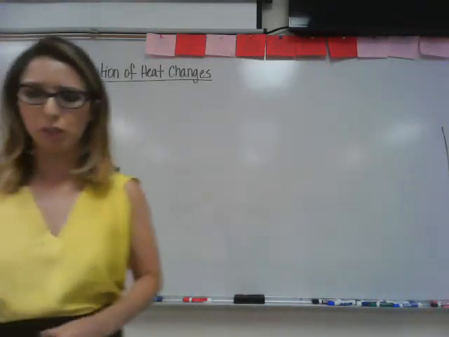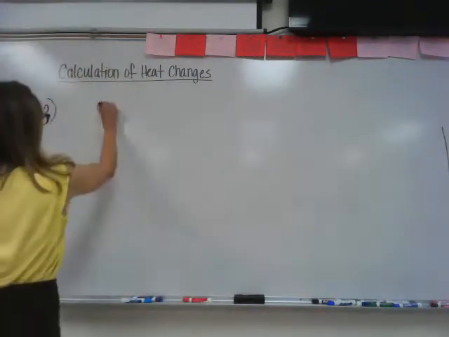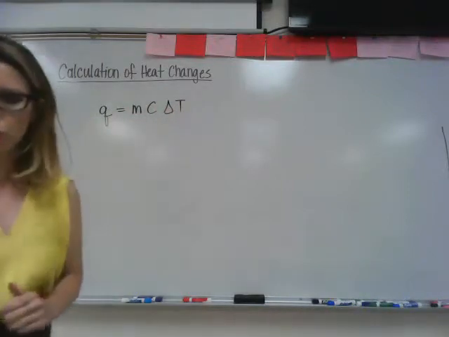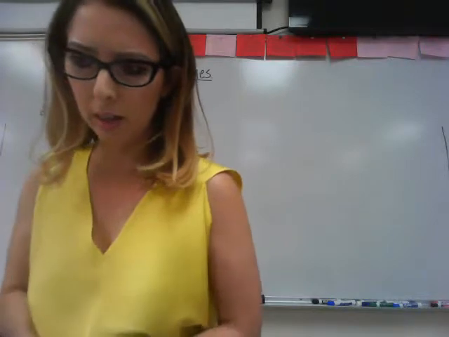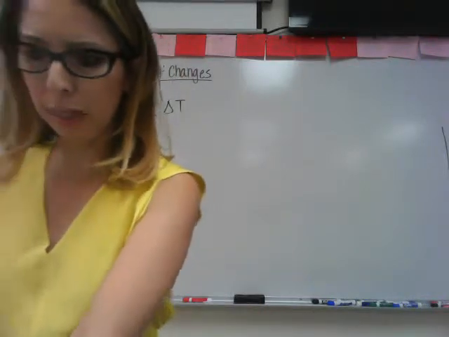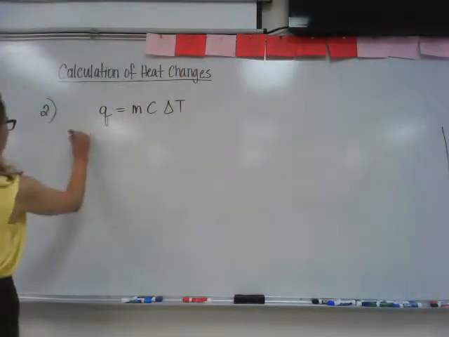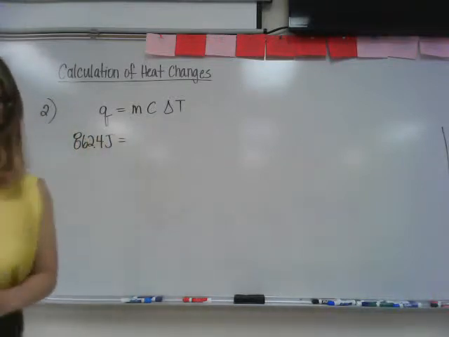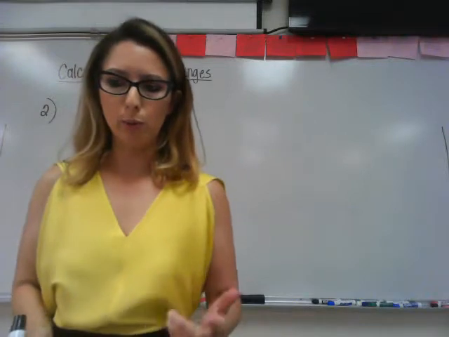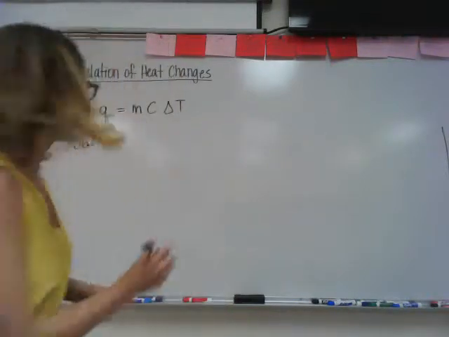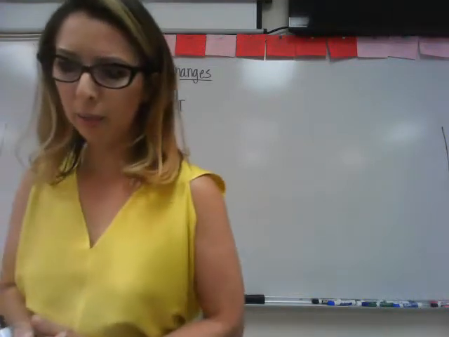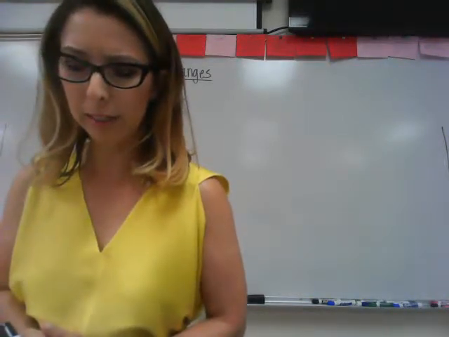Okay, so for this one, you're just doing Q equals mc delta T. And they told you that it absorbed 862.4 joules. That's your Q. That's positive because it was endothermic, it was absorbing it. The mass is what we're solving for, so we're going to leave the mass in the equation. Your specific heat capacity is in a table.